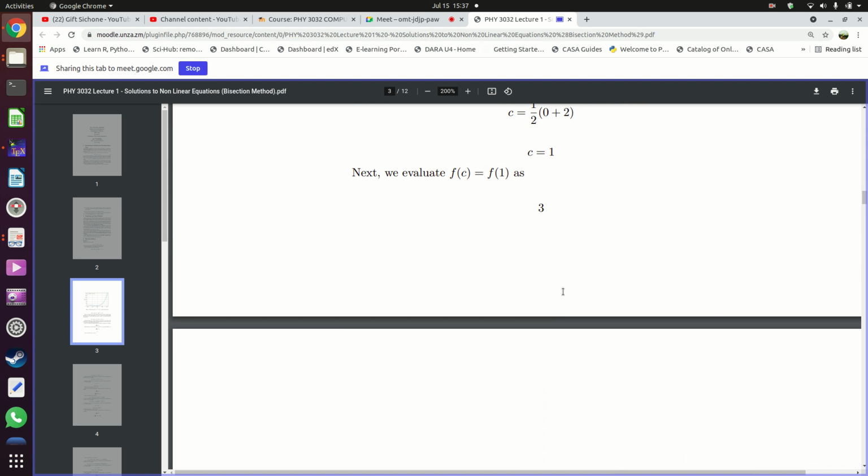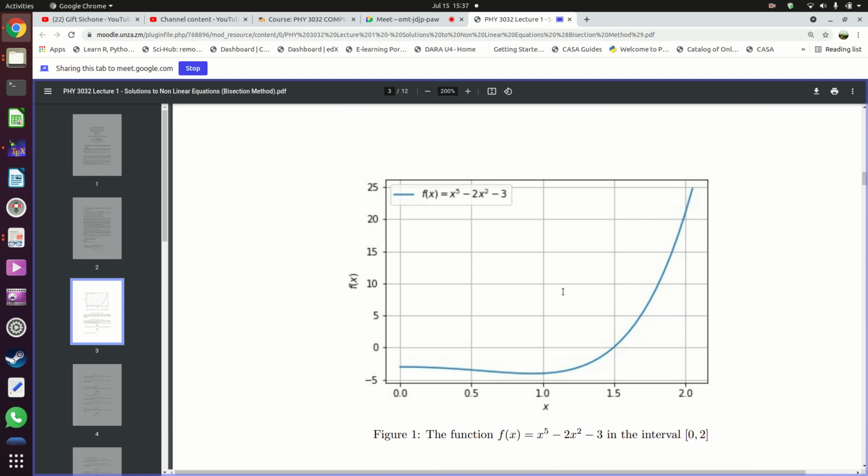Our bracket is between the 1 here and the 2 here. Previously it was from 0 to 2. Now the 1 is the lower end of our bracket, and the 2 is this side. Is that clear?